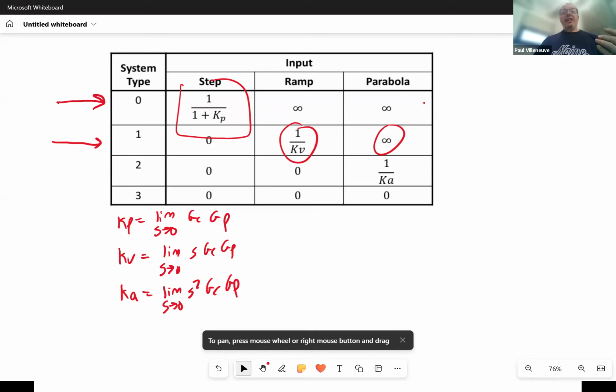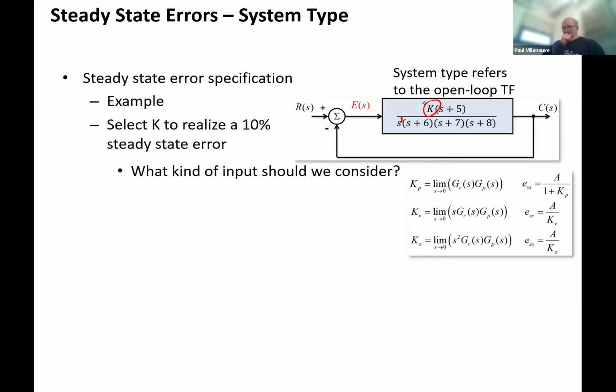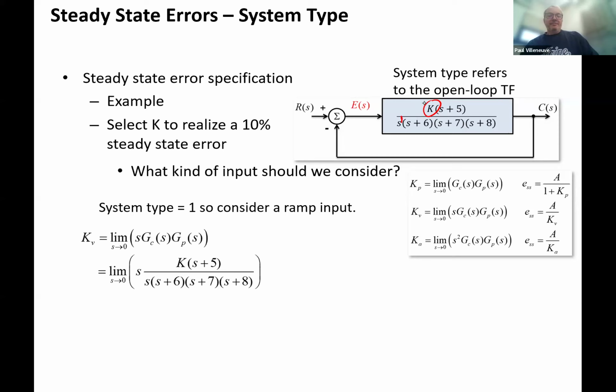So I'm going to go ahead and look at a ramp input, which means I have to use my expression here: limit as s approaches 0 of s times GCGP. Sorry.